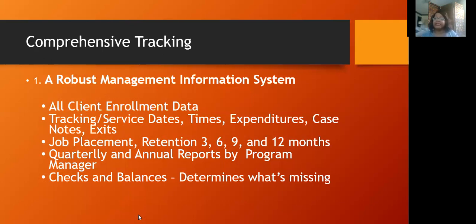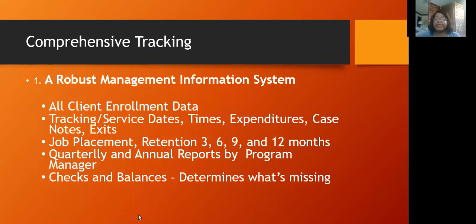It anticipates problems that you may have by reminding you of what you need to do as far as making sure that you are comprehensive in tracking your individuals and that you are able to clearly stay abreast of what's happening. The program managers stay abreast of what's happening with all of the case managers, and the case managers stay abreast of what's happening with all of the clients that she has enrolled into her system or into her cases.